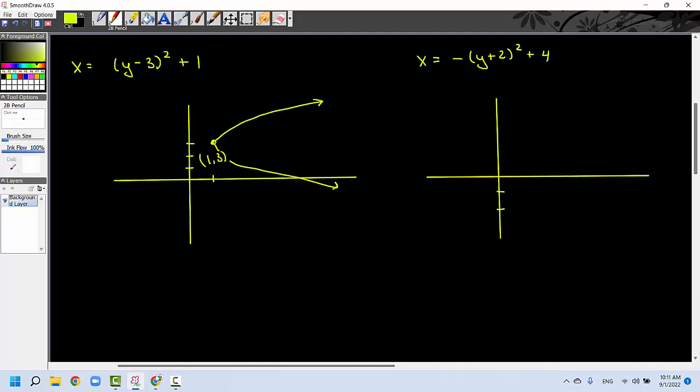Plus 4 on the outside shifts to the right by 4. So my vertex or locator point is (4, negative 2). And because there's a negative on the outside here, normally our sideways parabolas were opening to the right. This guy will instead be opening to the left. Opening to the left instead. So hopefully that makes sense. I will be right back with the next example.